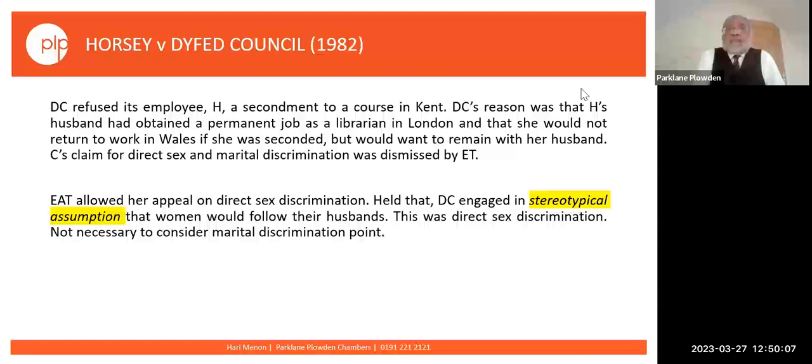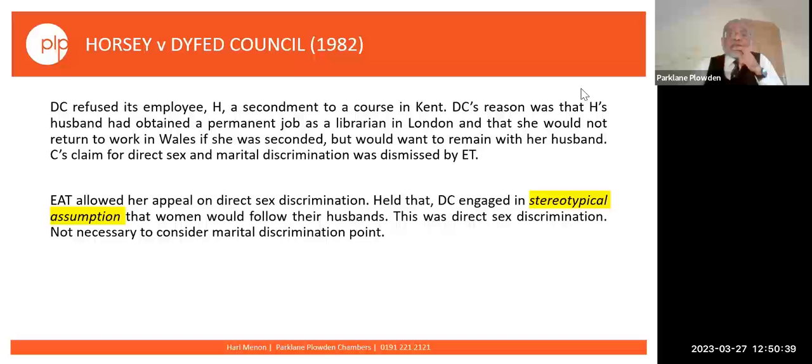And Mrs. Horsey's husband had obtained a permanent job as a librarian in London. Her request for the secondment to Kent was refused by the council because it believed that she would not return to work in Wales if she was seconded, but she would want to remain in the south of England or in London with her husband.